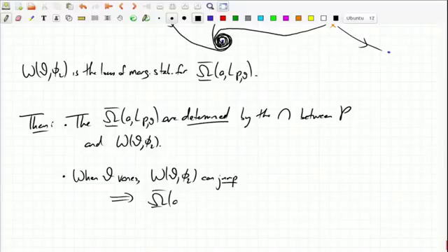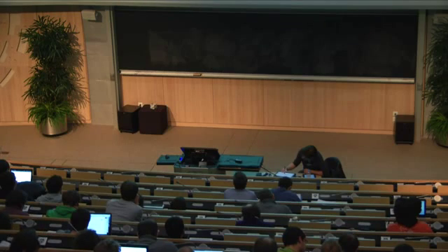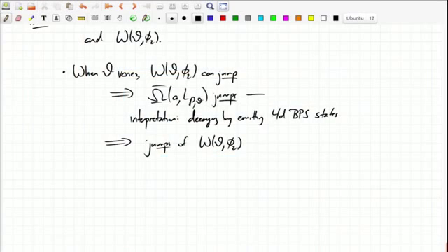And the interpretation is that these BPS states are decaying or forming by emitting or capturing 4D BPS states. So jumps of this network of marginal stability lines equals 4D BPS states.